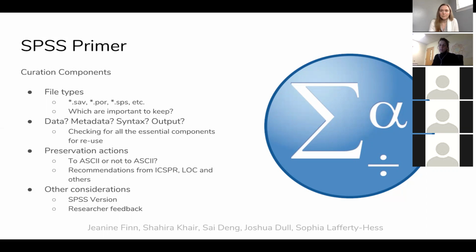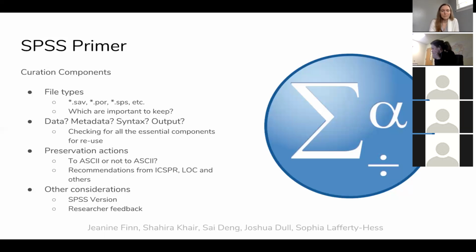As a second thing for curation, SPSS files can contain both the data, meaning the observations or the rows of data, but also metadata about each of those variables and what they mean. But there's also syntax files and output files, which can also be important to know.